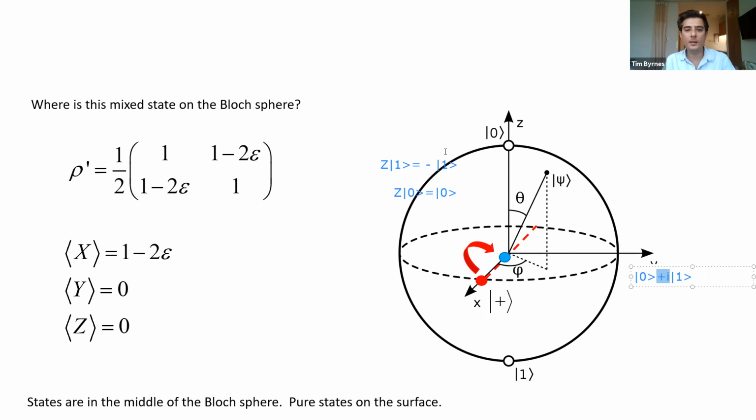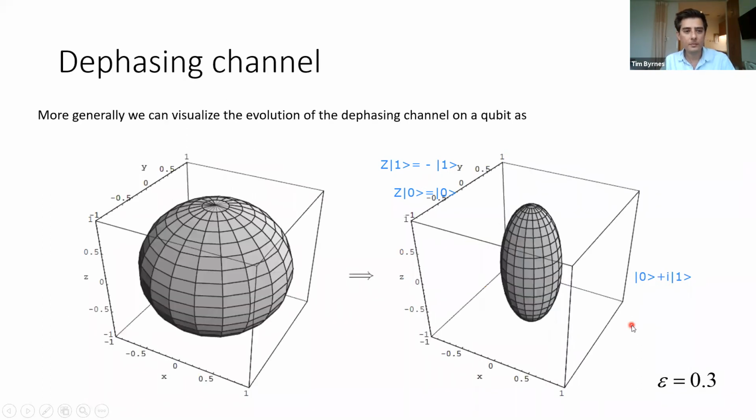That's why it's called the dephasing channel. You can also see it here. Anything around here goes towards the middle, and the phase is, in this case, just reduced, but in the extreme case it's totally removed.